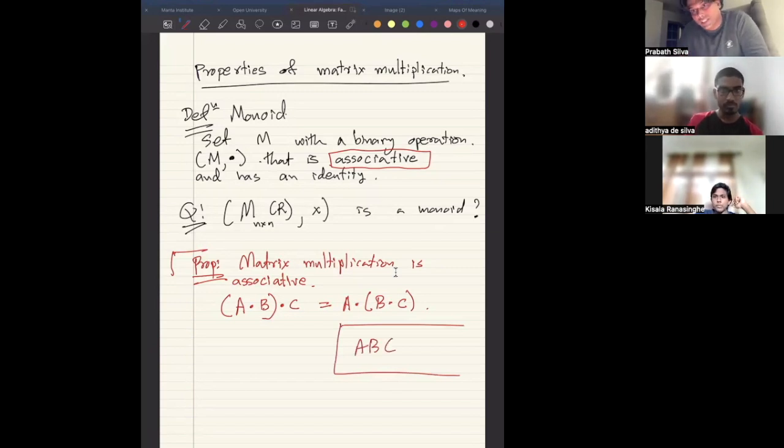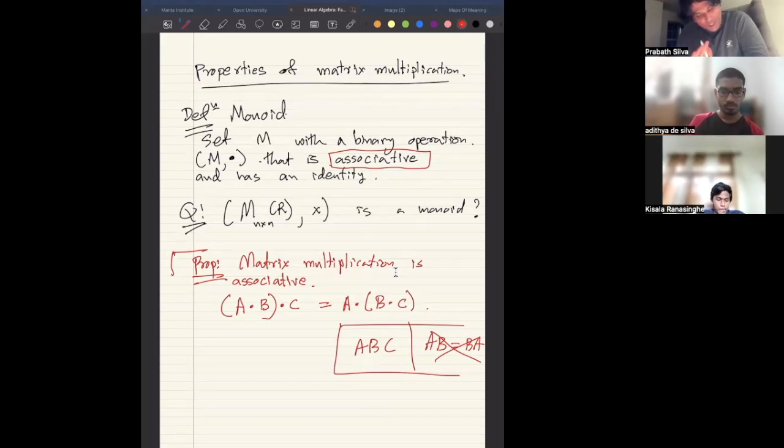You don't have to put brackets. But you cannot write AB equals BA. So the associativity tells you that when you multiply a bunch of things, you don't have to put brackets.